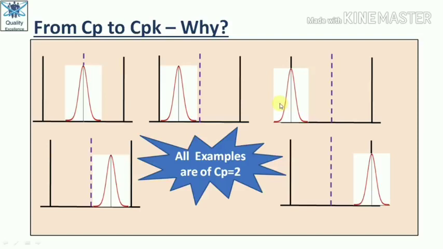So CP or process capability ratio is related to the spread of your process, and CPK, which is process capability index, is related to the centeredness of your process with respect to the center, where your process is lying with respect to the center. So this is the difference between CP and CPK, and CP is not giving the right picture, and that is why CPK comes into the picture.